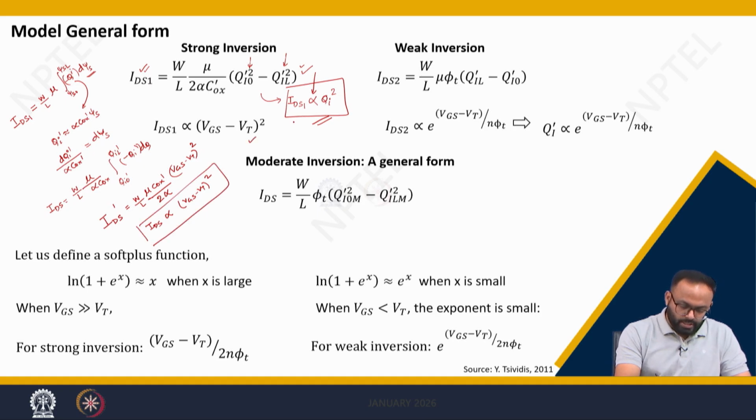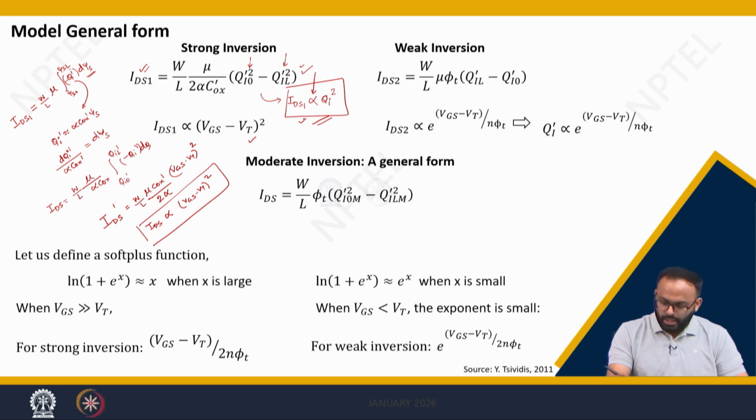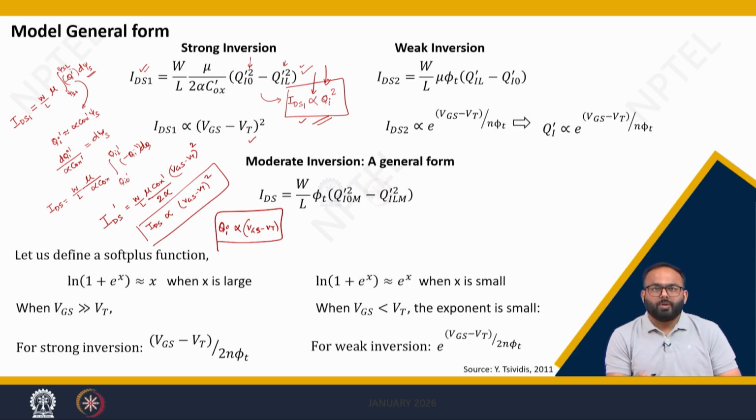Seeing both the equations, I can simply say that the inversion charge is directly proportional to Vgs minus Vt in strong inversion. This is what it's giving, right? So IDS is directly proportional to the square of Qi dash, and IDS is directly proportional to the square of Vgs minus Vt. So I can simply say the inversion charge is directly proportional to Vgs minus Vt, or the inversion charge is linearly changing with Vgs minus Vt.